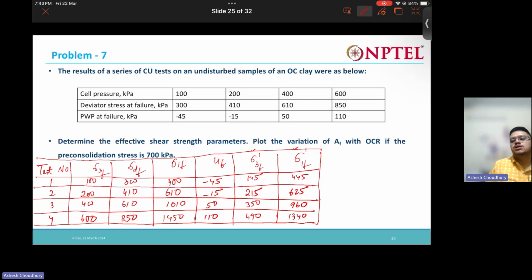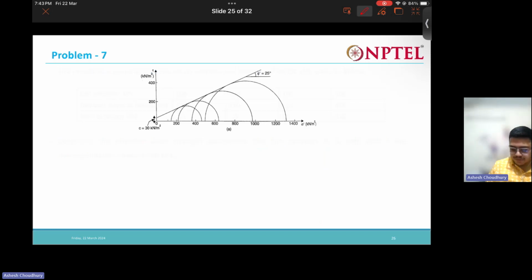That tangent will give you the failure envelope. You can see here the 4 circles, 1, 2, 3, 4, are drawn, and the common tangent has an inclination of 25 degrees. That will give you the friction angle of the soil, and the intercept will give you the cohesion of the soil.